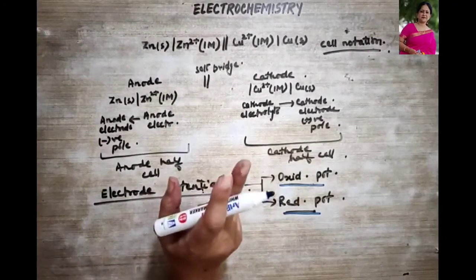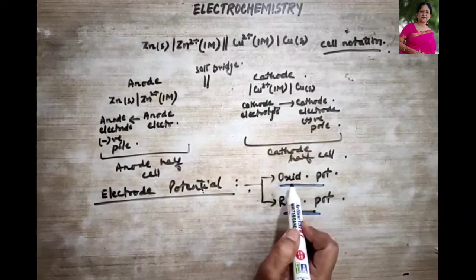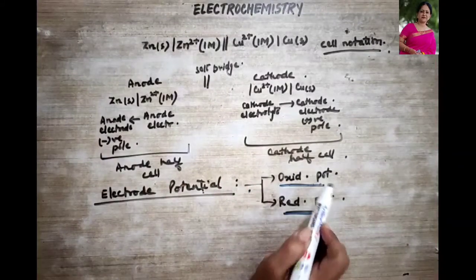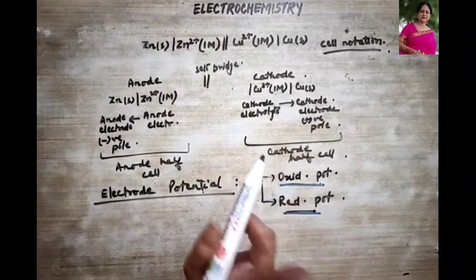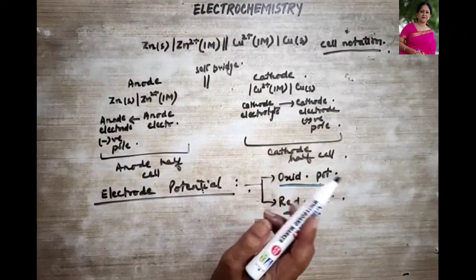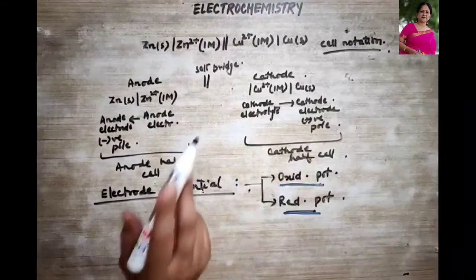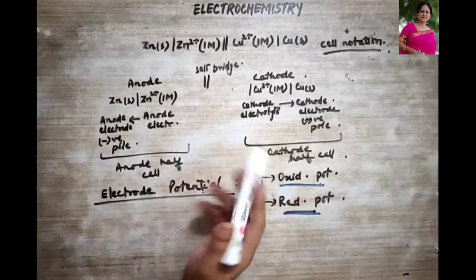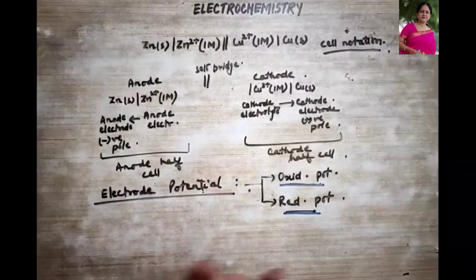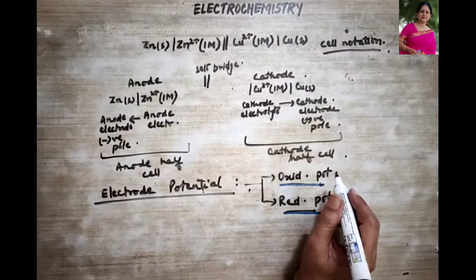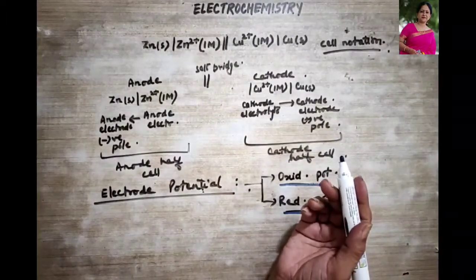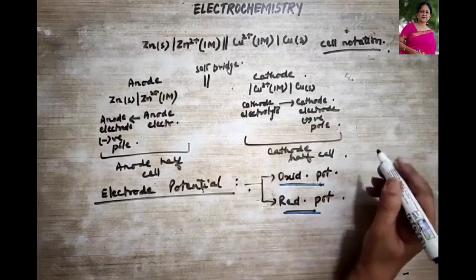So the electrode potential will be called an oxidation potential if the oxidation is taking place at the electrode, right, with respect to standard hydrogen electrode or any other reference electrode. The oxidation potential gives the tendency of an electrode to lose electrons.